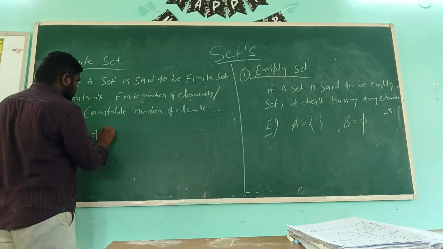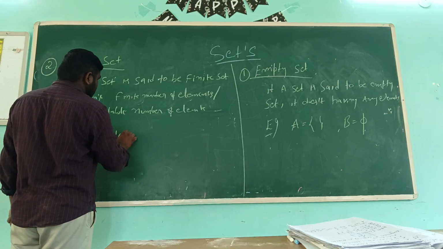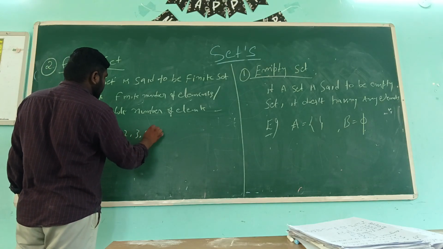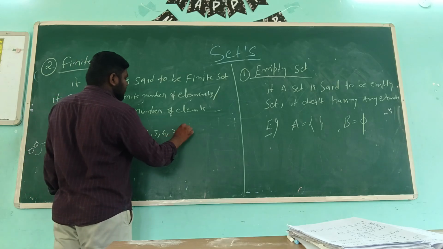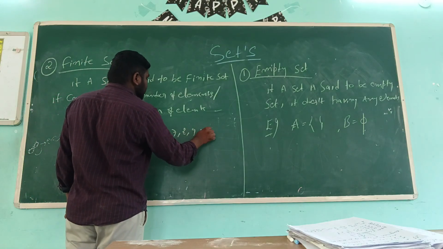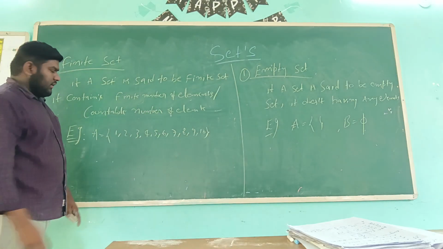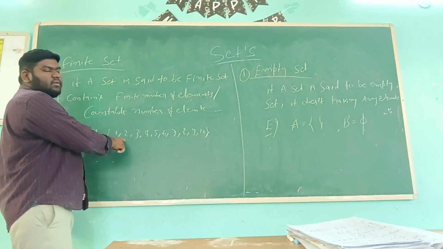Example. A is equal to 1, 2, 3, 4, 5, 6, 7, 8, 9, 10. This is a finite set. This is the roster form.